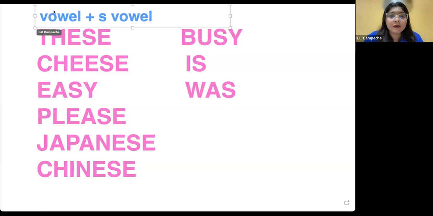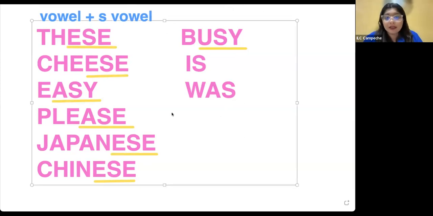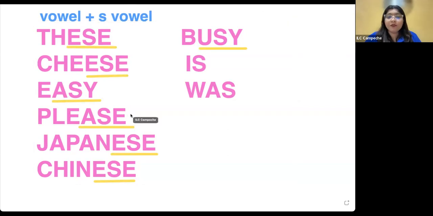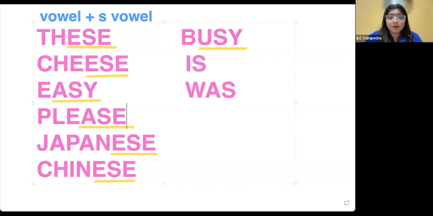And it's what we have here. Please pay attention to this. Basically, here we have vowel S vowel, vowel S vowel, and the same here, and the same here. And it doesn't have to be at the end of the word, by the way. For example, here it is not at the end, and we apply the same rule. Check it out.